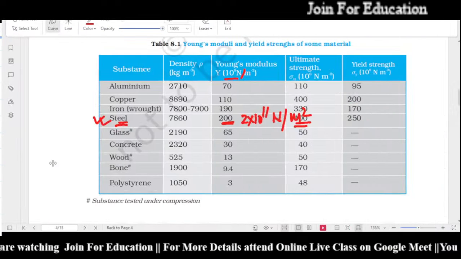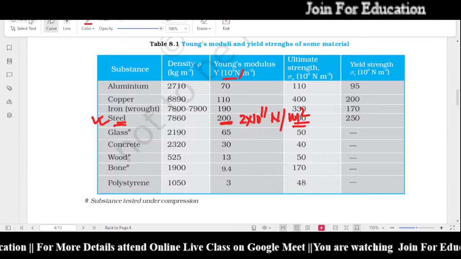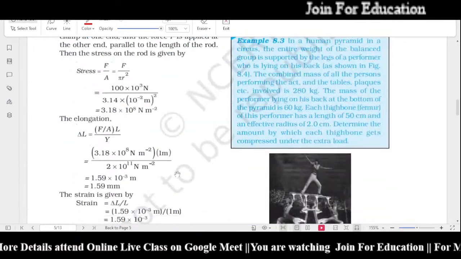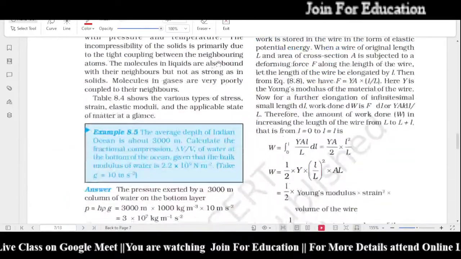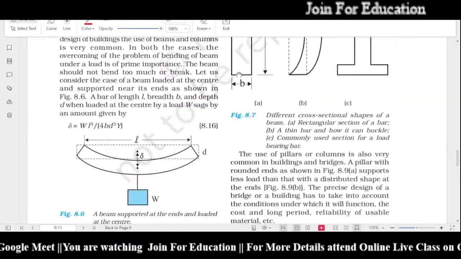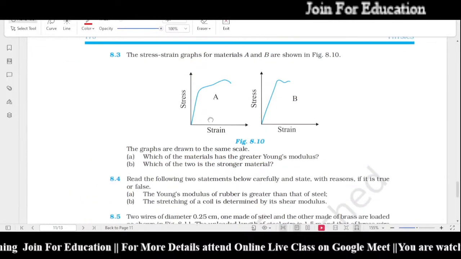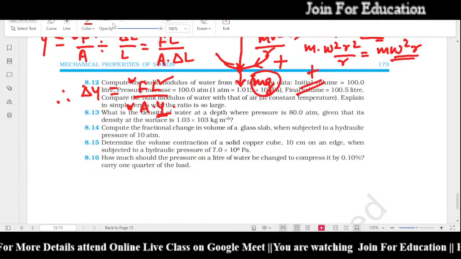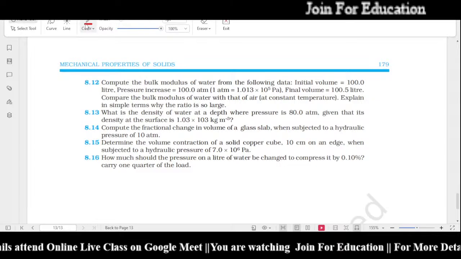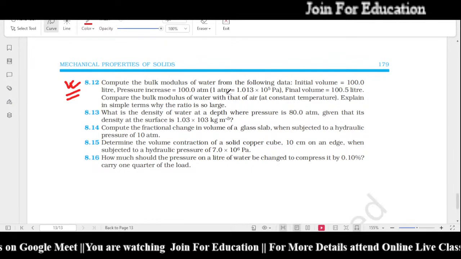Let's see the question number 8.12. Compute the bulk modulus of water from the following data.